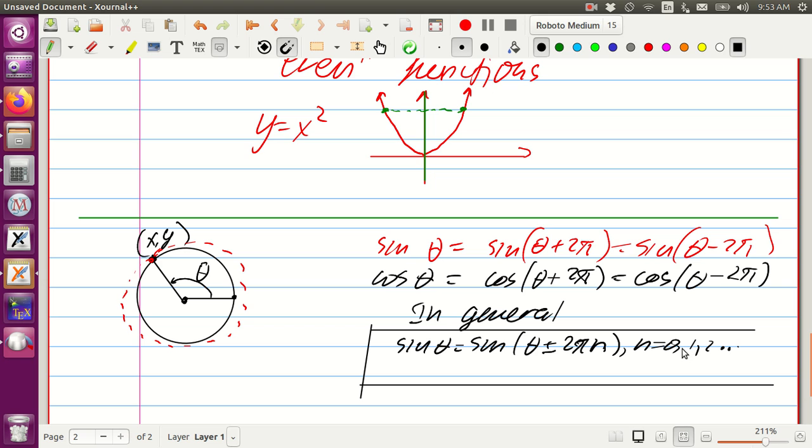If n is 1, we move either one circle in the positive direction or minus one circle in the negative direction. And this is going to be true if we move as many times as we want. The same would be true for cosine: cosine of theta is equal to cosine of theta plus or minus 2 pi n, when n is 0, 1, 2, and so on.